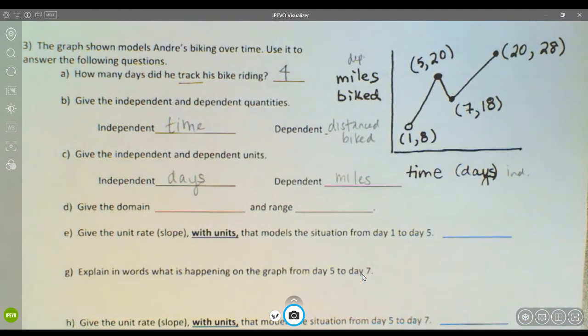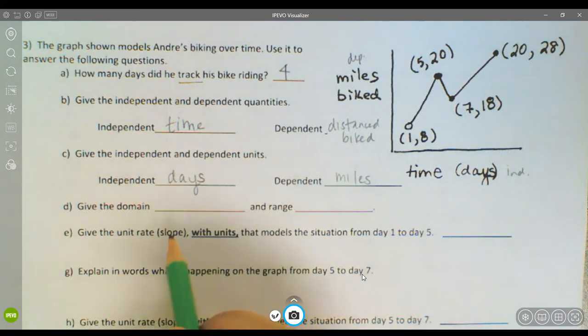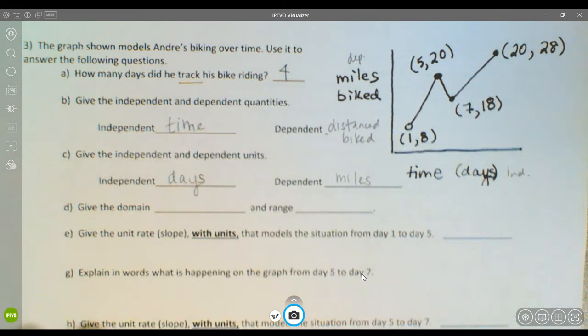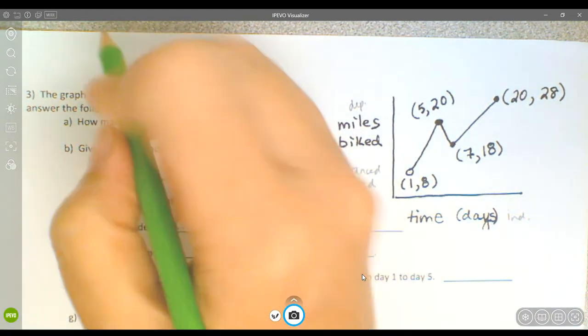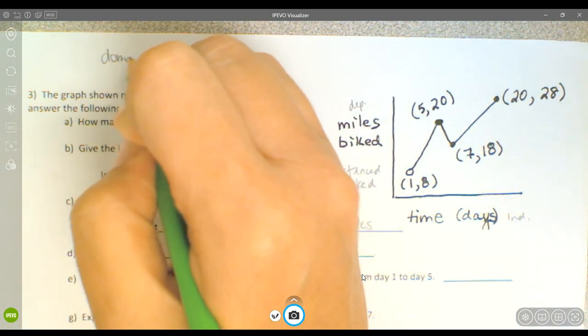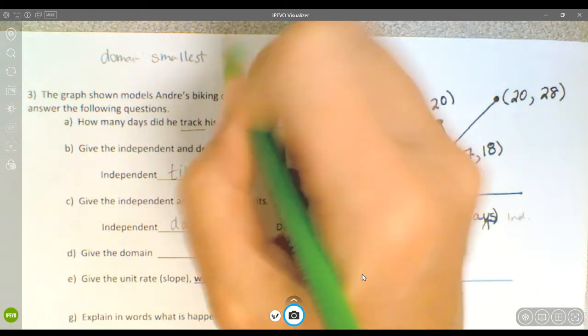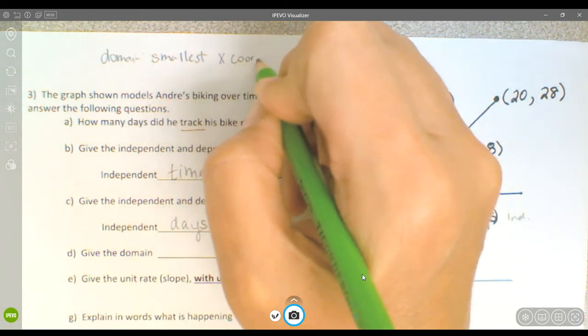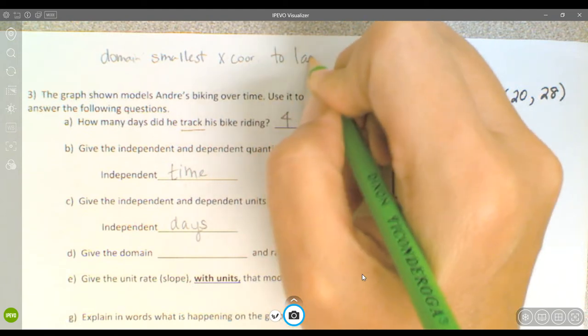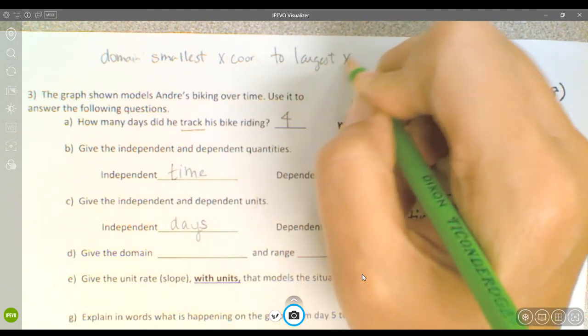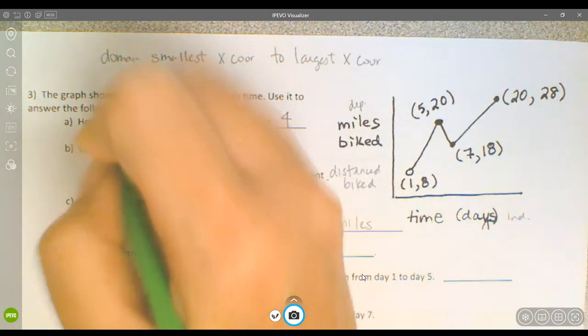Give the domain and the range. Okay, my domain, it's my smallest x-coordinate to my largest x-coordinate. Let me write that up here. My domain, it is my smallest x-coordinate to my largest x-coordinate.